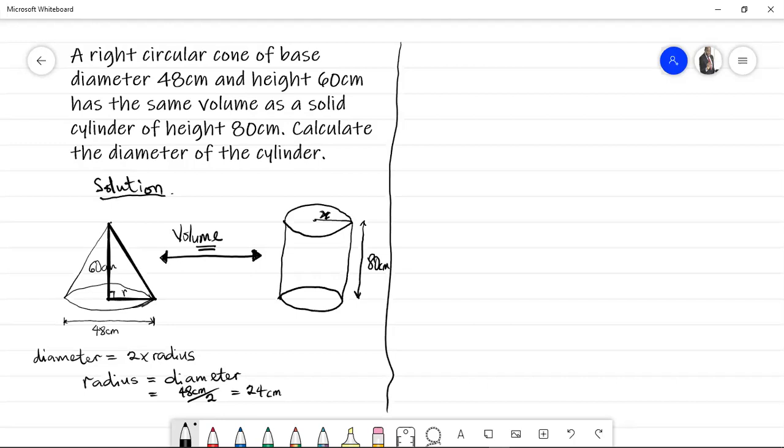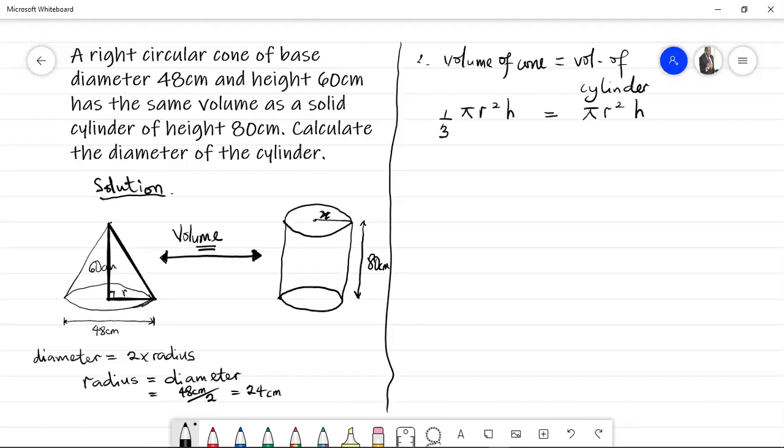The volume of the cone is expected to be equal to the volume of the cylinder. So you quickly recall the formula for the volume of your cone. Volume of cone is 1/3 pi r squared h, while the volume of cylinder is given as pi r squared h.